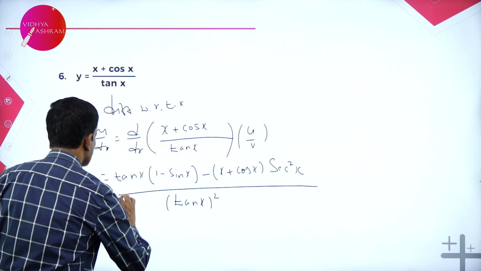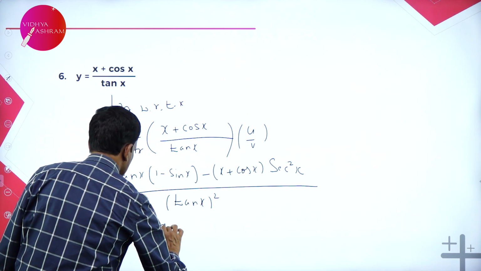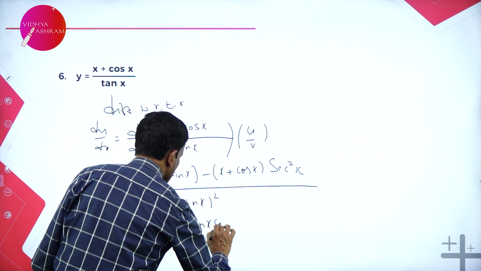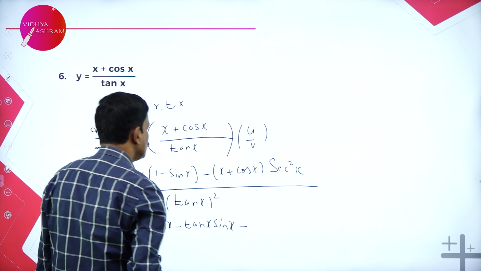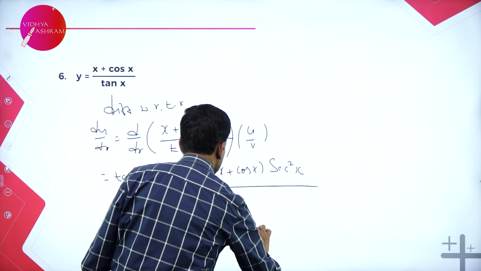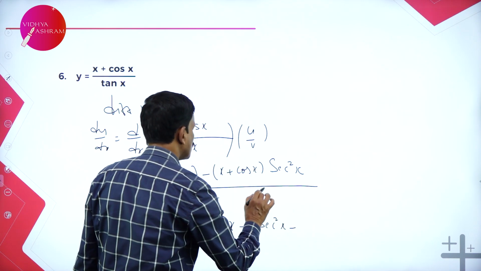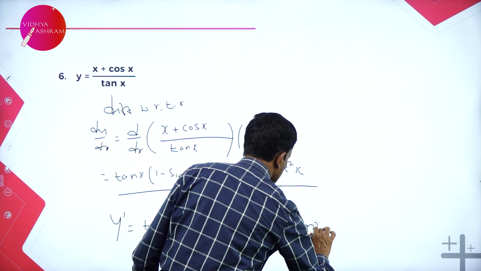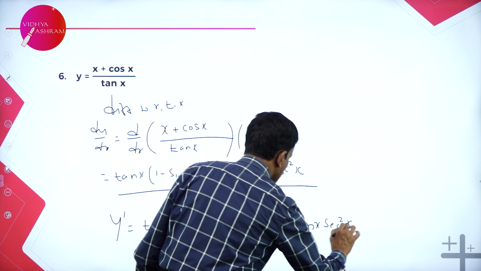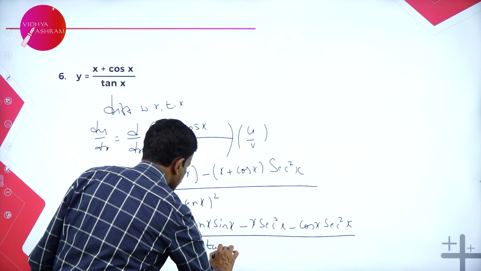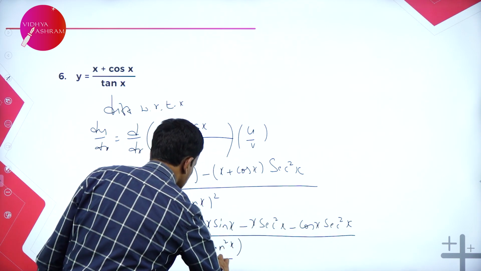So, y dash is equal to tan x into 1 is tan x, minus tan x into sin x, tan x sin x, minus x into secant square x is x secant square x, minus into plus minus cos x into secant square x, cos x into secant square x, whole divided by tan x whole square, or this can also be written as tan square x. That is it.